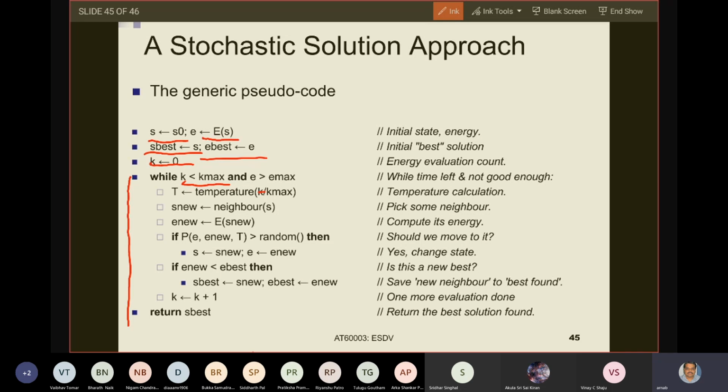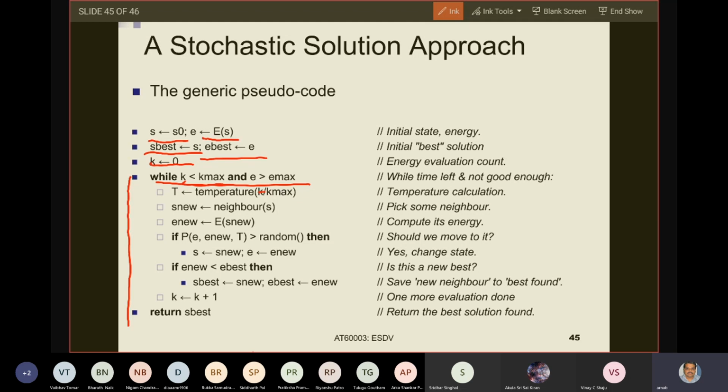If software execution cost is an estimate of the time the system will take to run, it means that Emax gives me an upper bound on allowable software execution time. Now, how long will I run this loop? Until k is less than k max, that means you have still not gone through the maximum number of iterations, or you have still not found a solution whose cost is less than or equal to Emax.